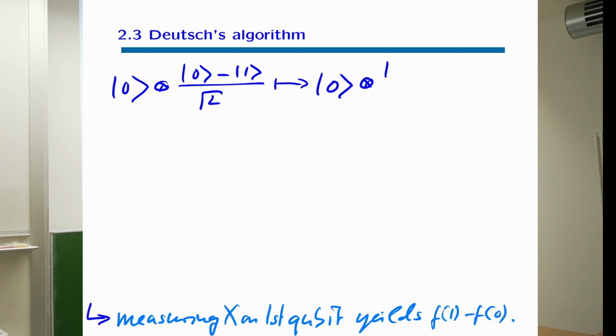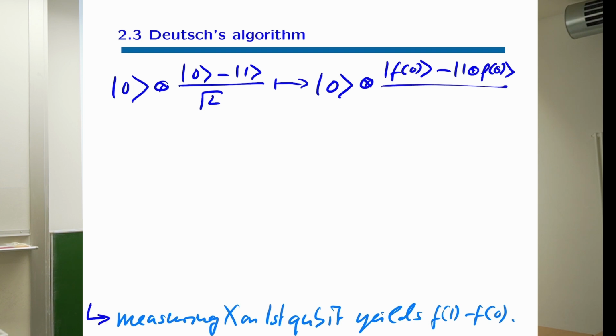So what was 0 becomes f of 0, and what was 1 becomes 1 plus f of 0.